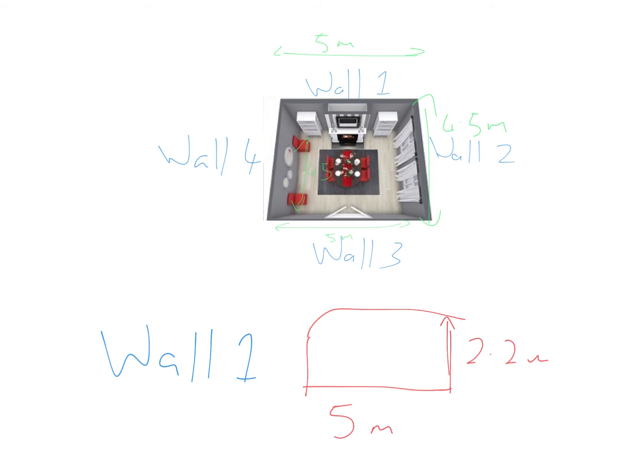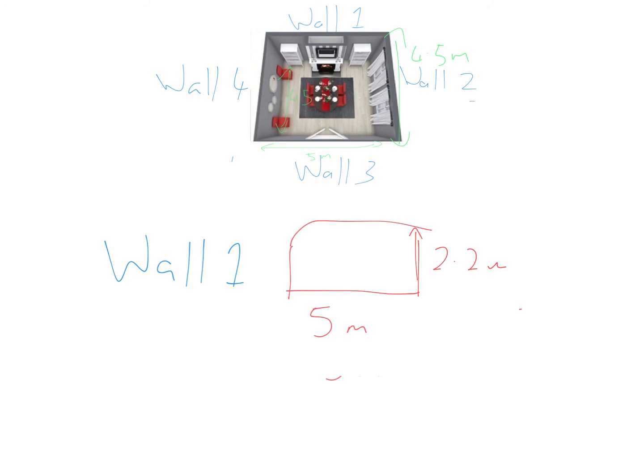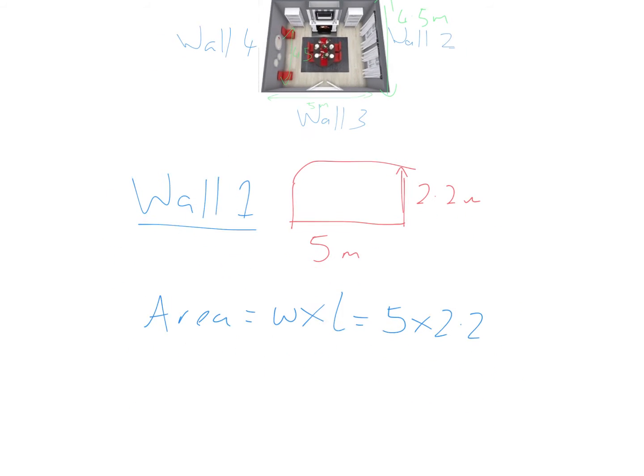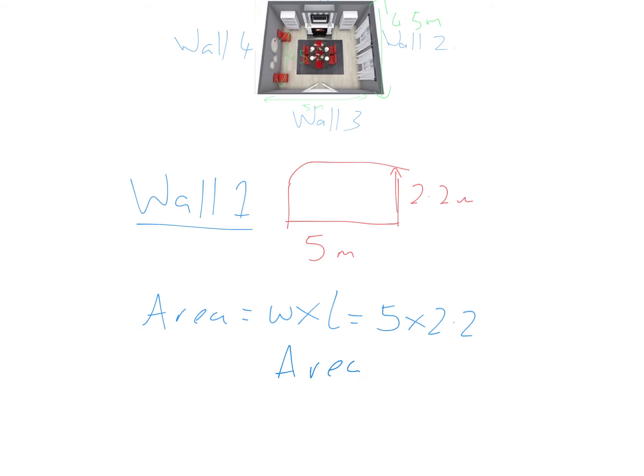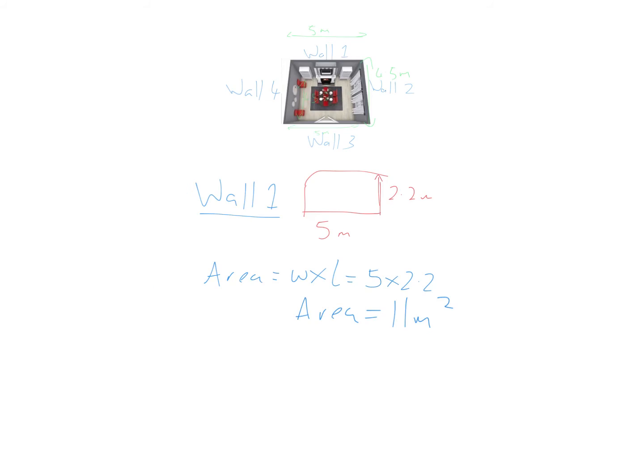So 5 multiplied by 2.2 is going to give us our area, because our formula for area, remember, is width by length or width by height, just the two dimensions multiplied by each other. So 5 meters multiplied by 2.2 meters gives us an area of 11 meters squared.